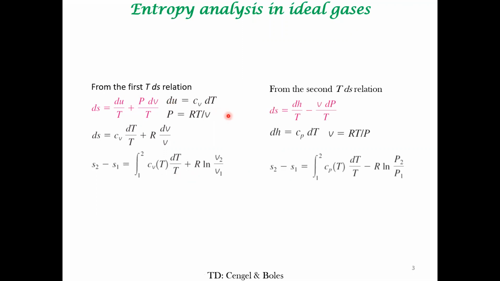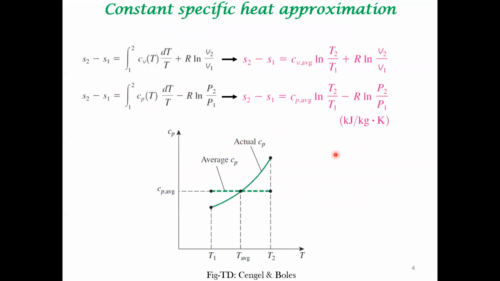Using the second TdS relationship, this is for a closed system, this is for a flow system, in a very similar procedure, we can arrive at this relationship. So there are two ways of moving forward from here.